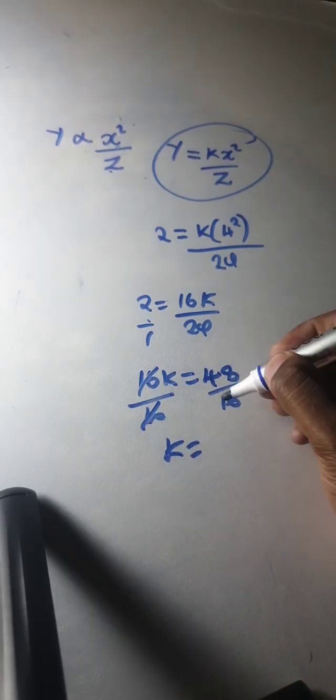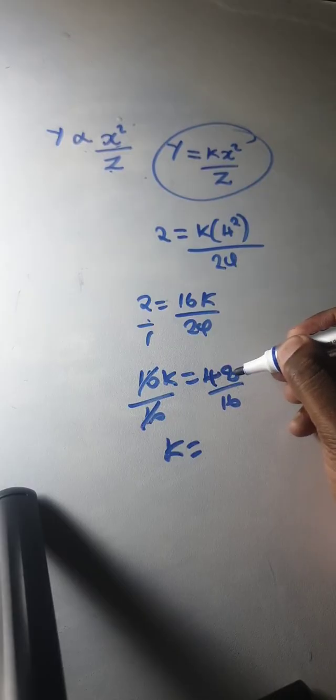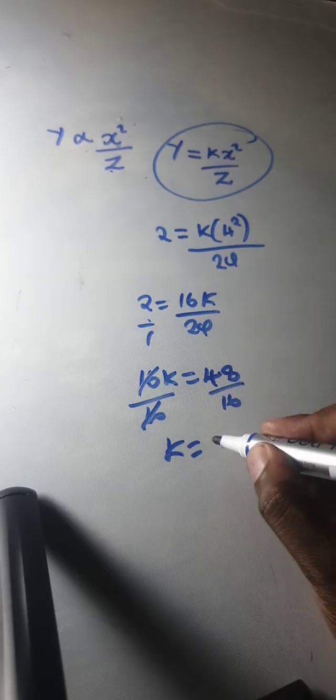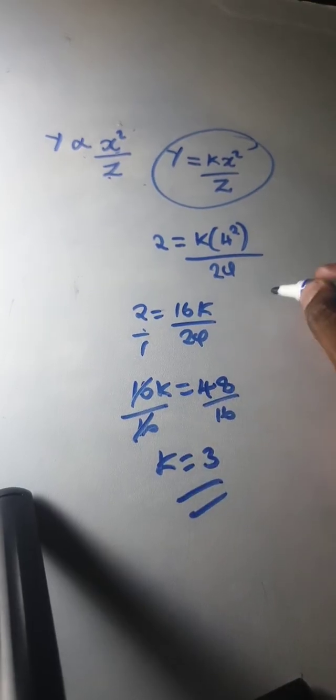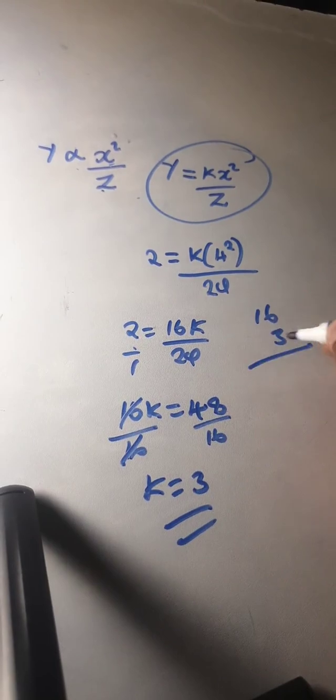How many 16 are in 48? They are 3. How did I know? 16 times 3 gives us 48.